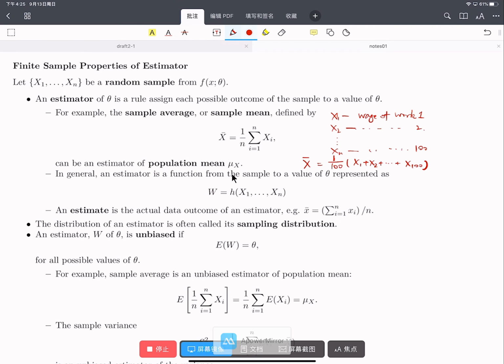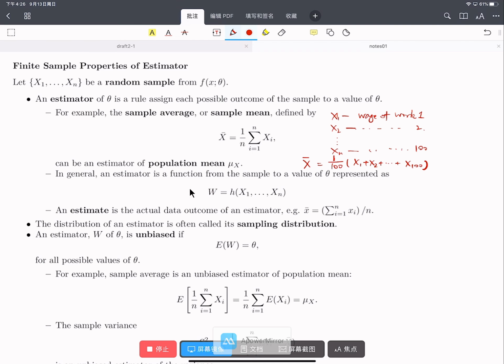Population mean means the average wage of all workers in the factory, not in the sample. So the sample average is an estimate of the population mean.